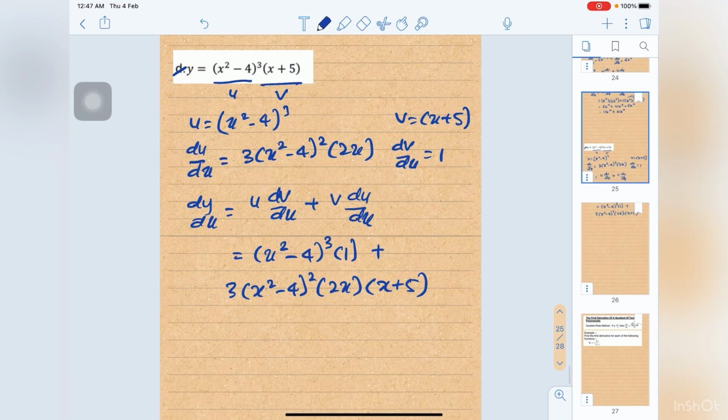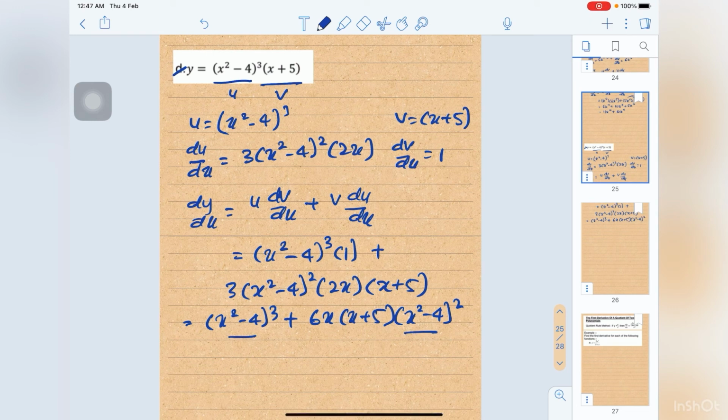Okay, we simplify. We get (x squared minus 4) cubed plus 6x times (x plus 5) times (x squared minus 4) squared.